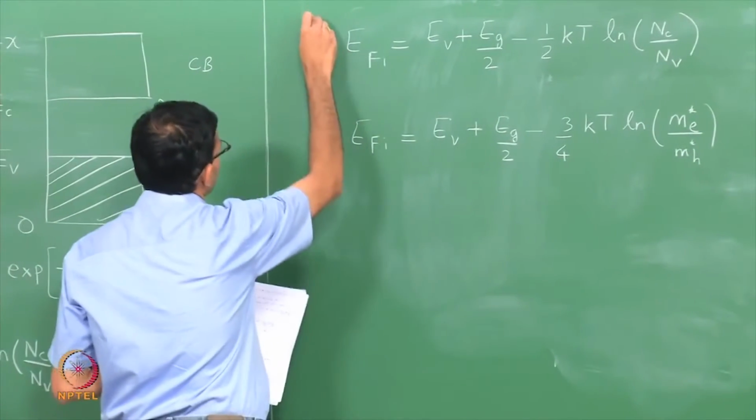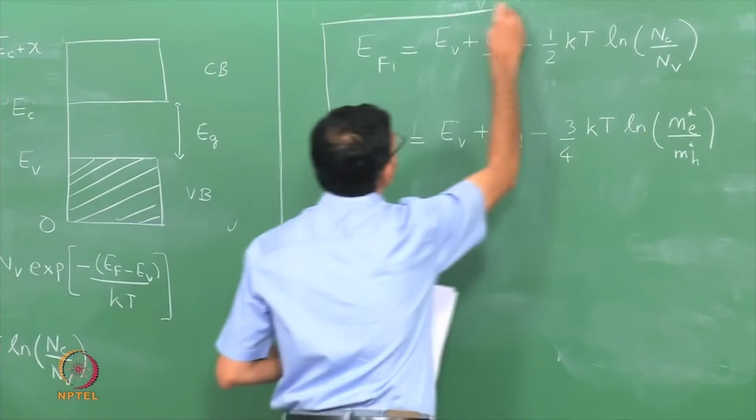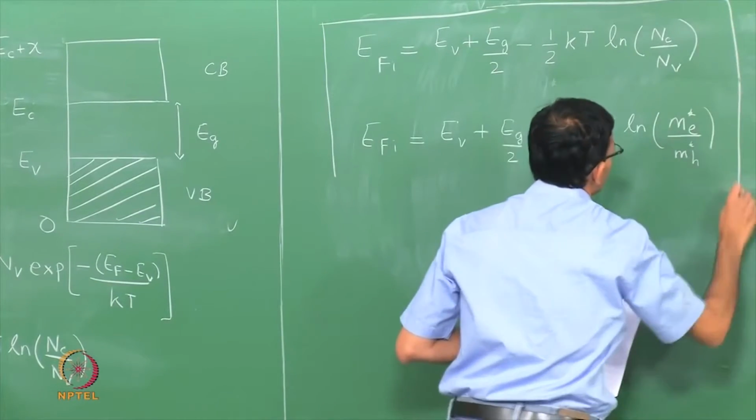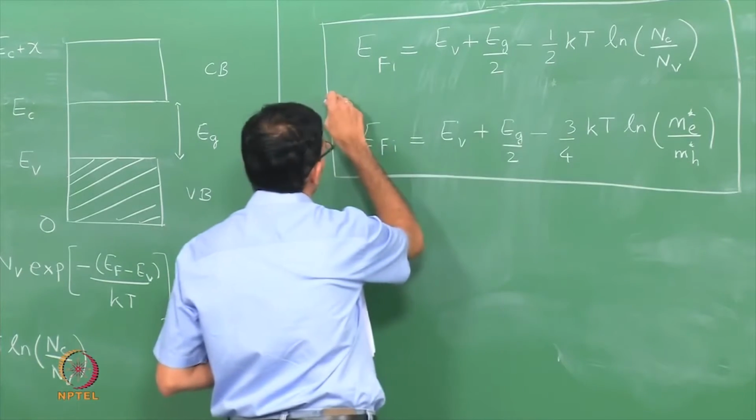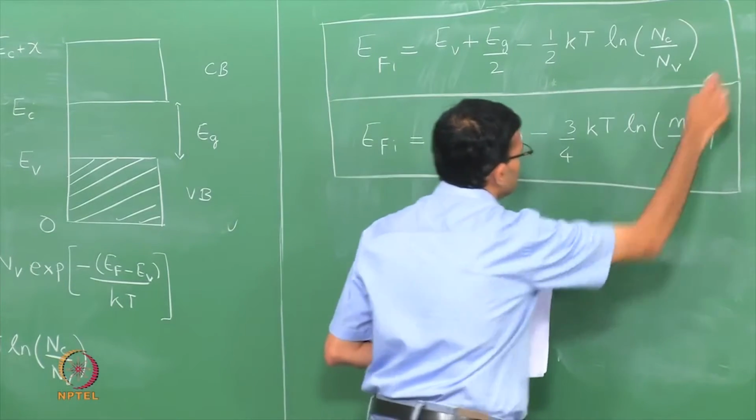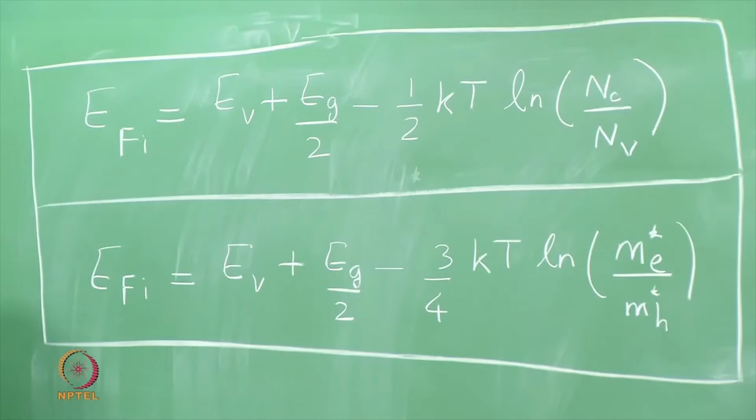So, now you have essentially two equations for calculating EFI. EFI is the position of the Fermi level in the intrinsic semiconductor.